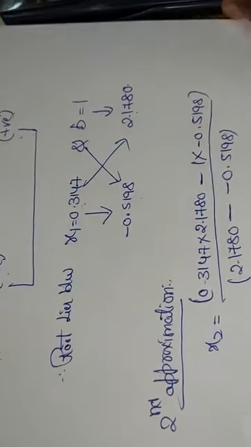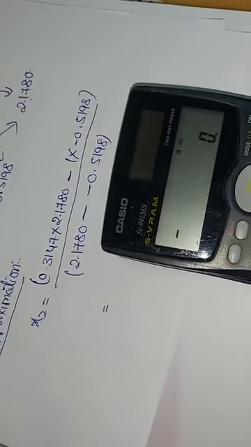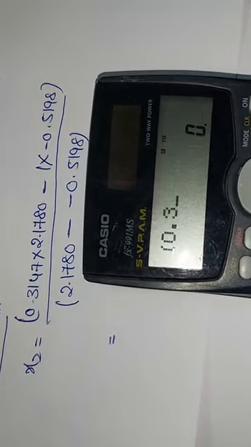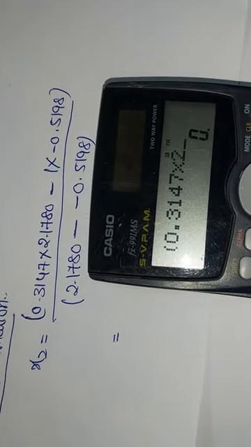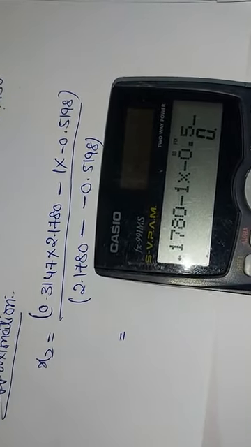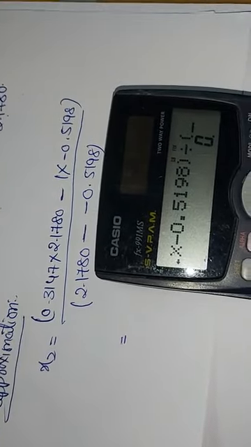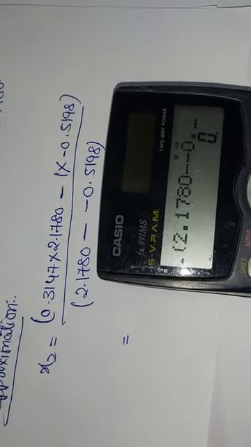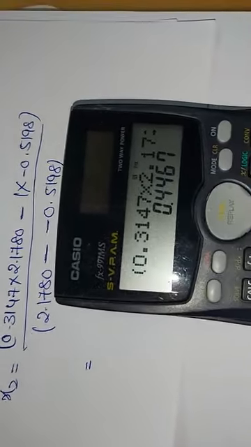Now calculate this value: 0.3147 into 2.1780 minus 1 into minus 0.5198, divided by 2.1780 minus minus 0.5198. So what is the value of that one? 0.4467.